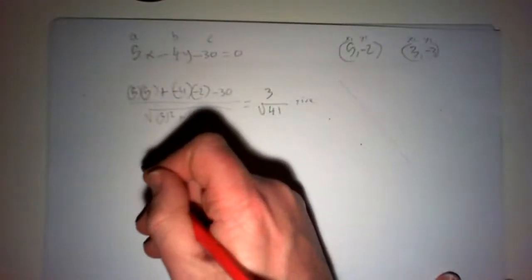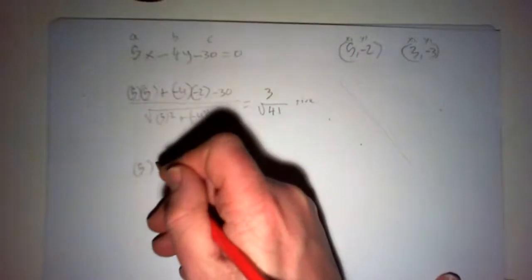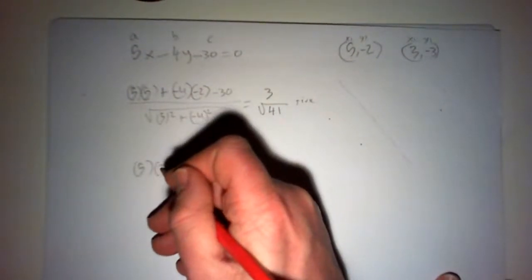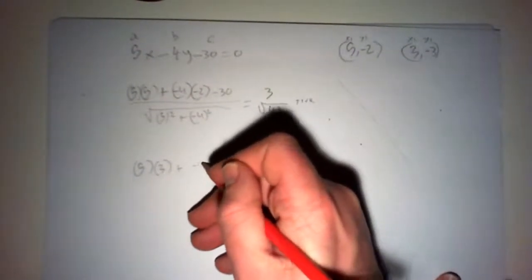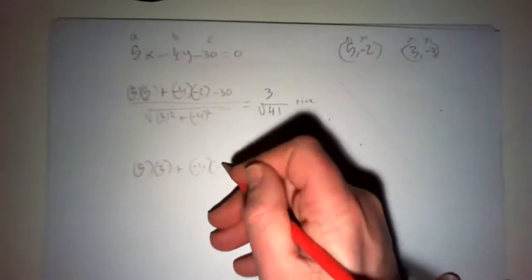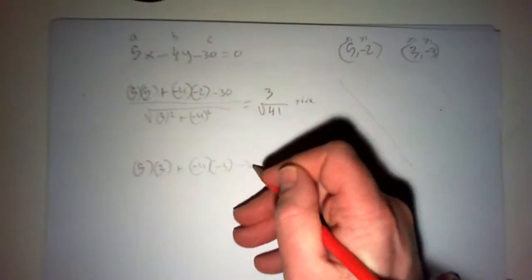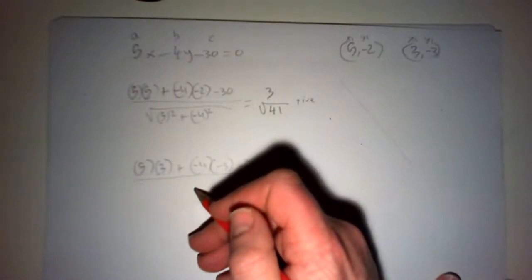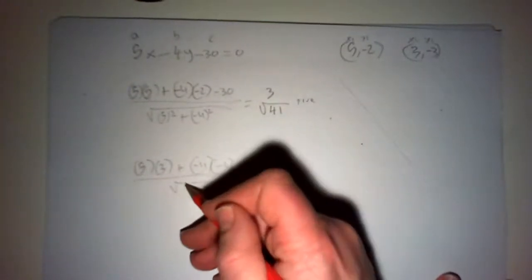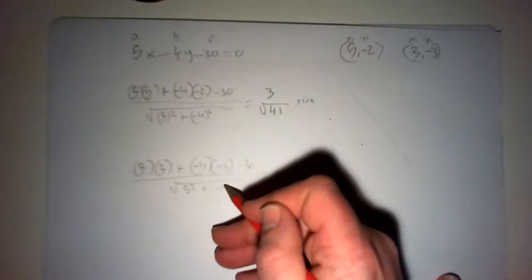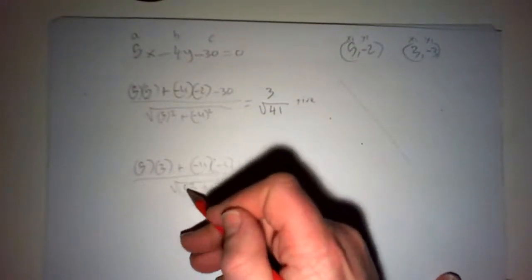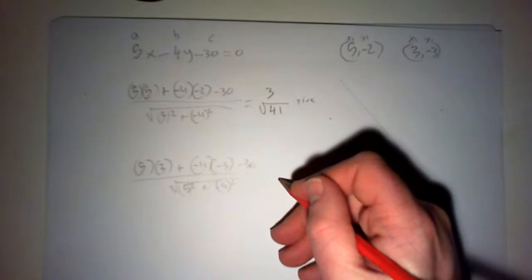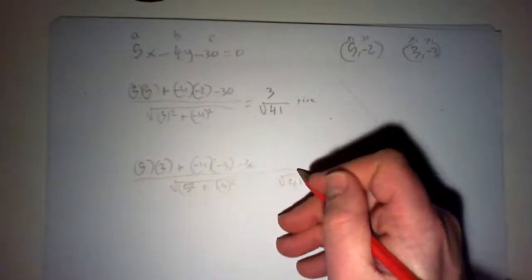So what we've got is A times x2 plus B times y2 plus C, over, what do we got here? The square root of 5 squared plus minus 4 squared. So the same thing again, you're going to get root 41 on the bottom. What about on the top?